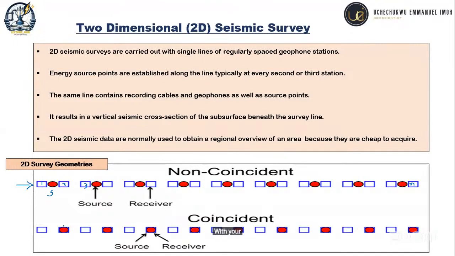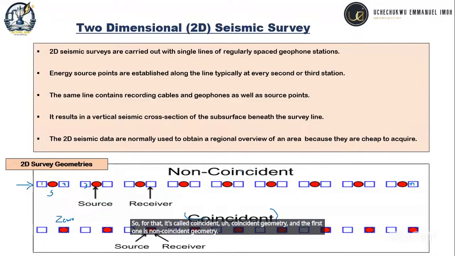So it operates at zero offset with a particular receiver while maintaining a regular receiver and shot interval. For that, it's called coincident geometry, and the first one is non-coincident geometry. What is unique about 2D seismic acquisition is that it's majorly used for regional or reconnaissance studies within a region.